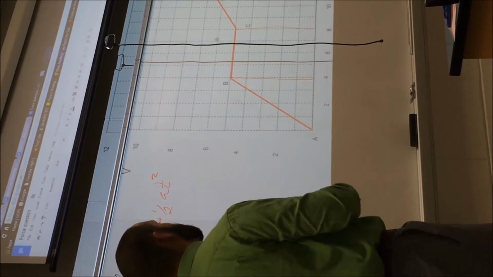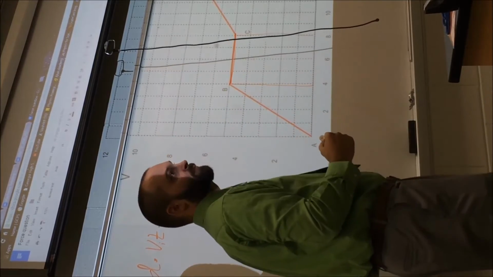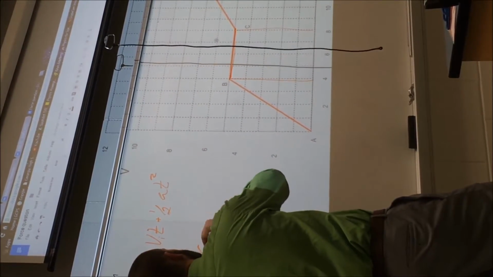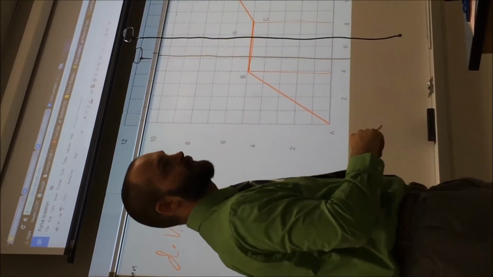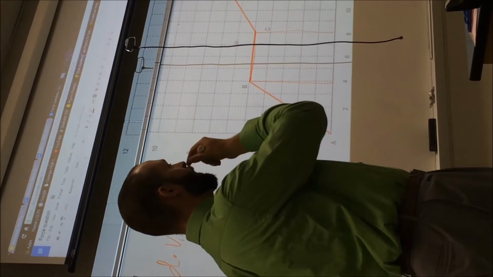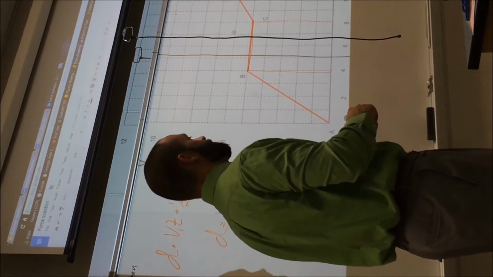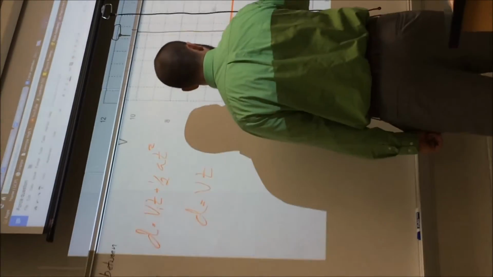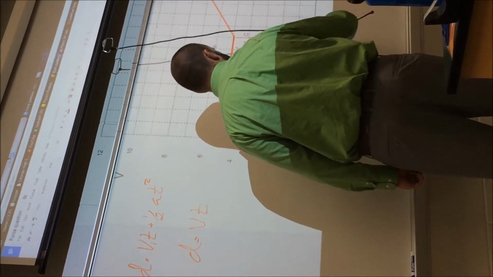I could also remember that for a flat line, what's my slope here? 0. So that means my distance there is really just my velocity times time, and that would still give me 20. But the way I want to show you, because it comes in handy, is that the distance on a velocity versus time graph is equal to the area under that line.